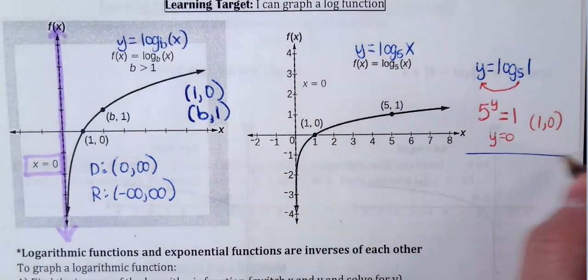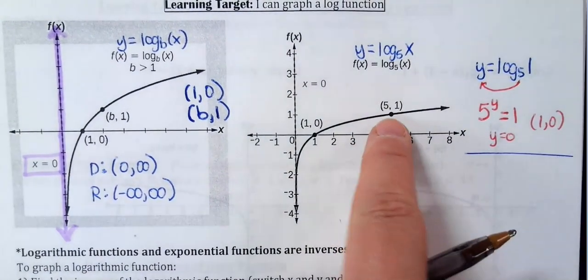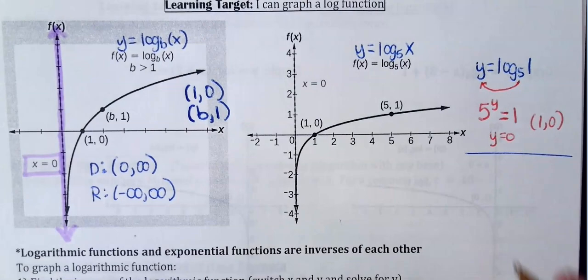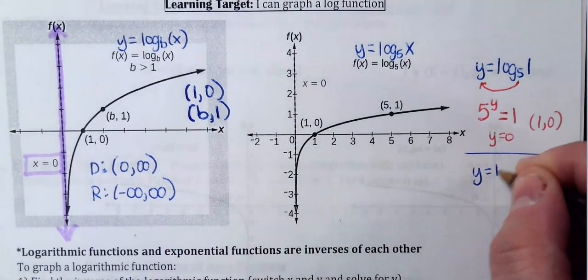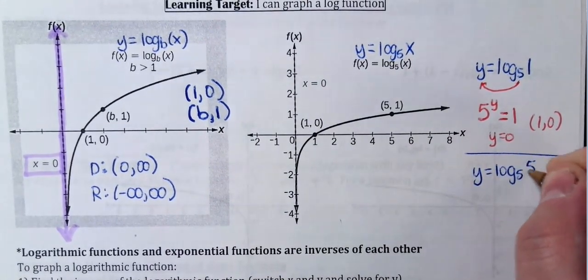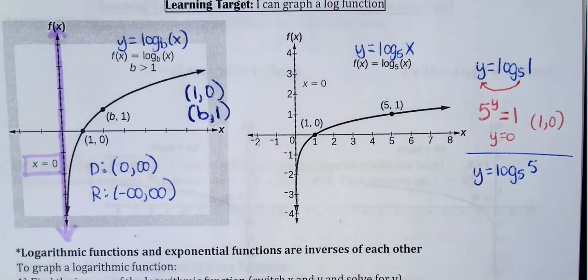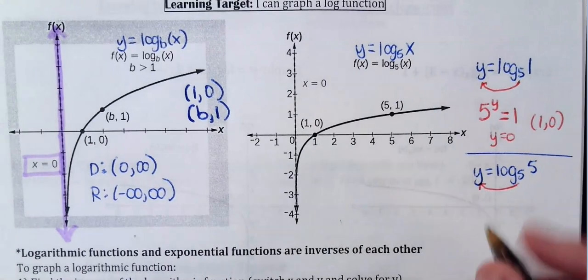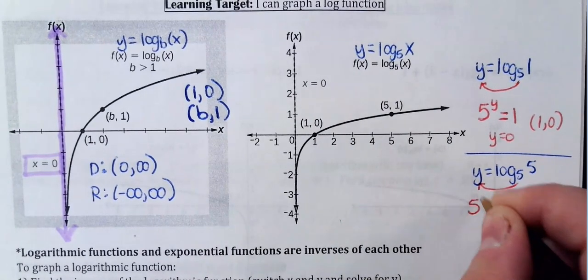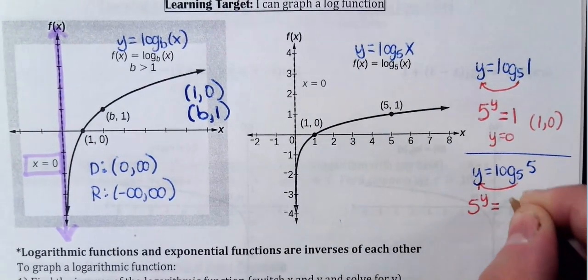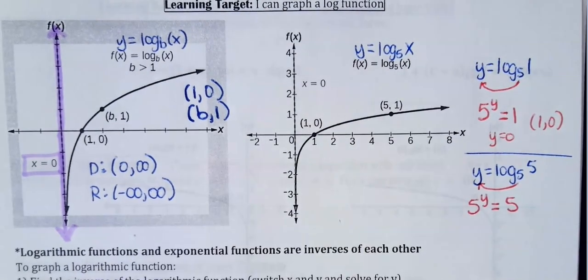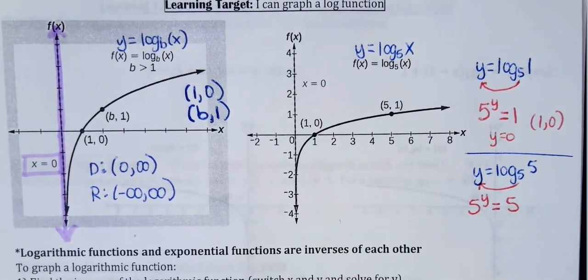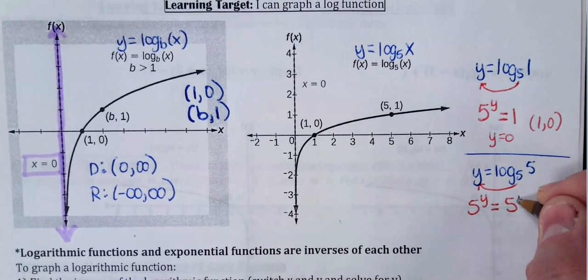Okay, similar argument. If I plug in the little subscript for the base, for my graph here I've got 5. If I do y equals log base 5 of 5, and I just convert that to an exponential real quick, I'm just trying to show you where they get these points from. I'm going to push that y up in the air, and this would say 5 to the y equals 5 to get rid of that logarithm. And if I look at that, I know it's not written here, but if I just have a plain 5 by itself, it's to the first power.